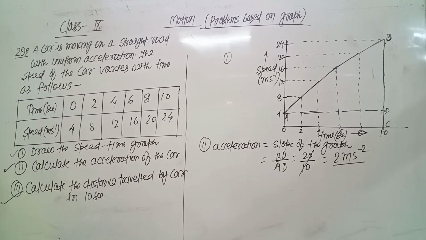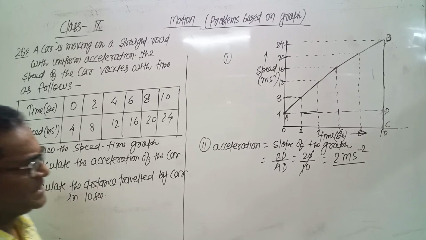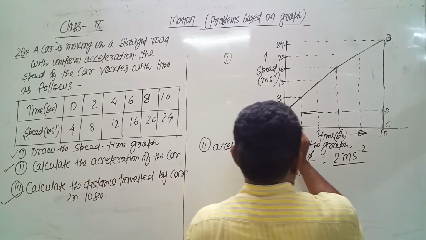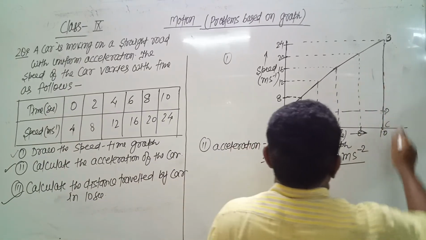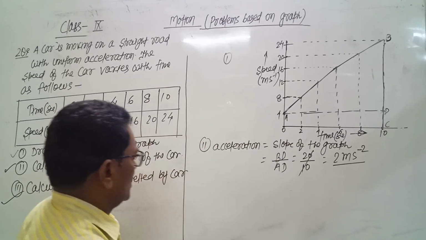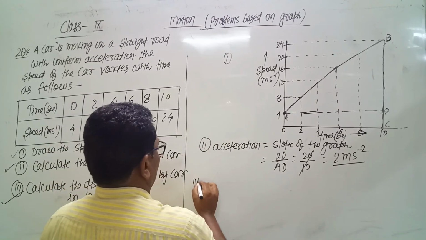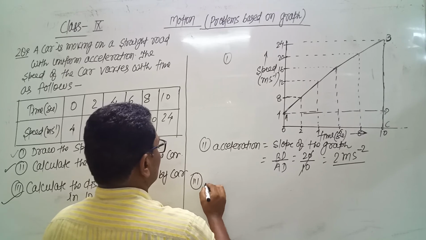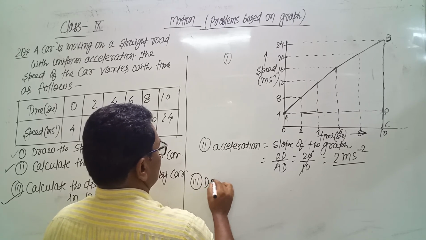Now we have to calculate the distance traveled by the car in 10 seconds. In 10 seconds, the distance traveled equals to area of the graph.